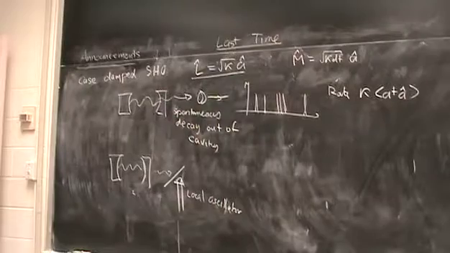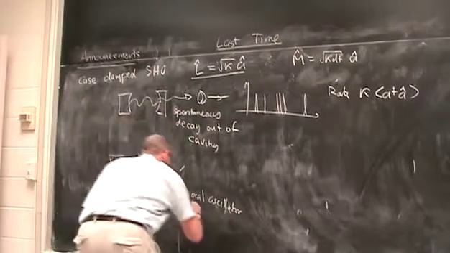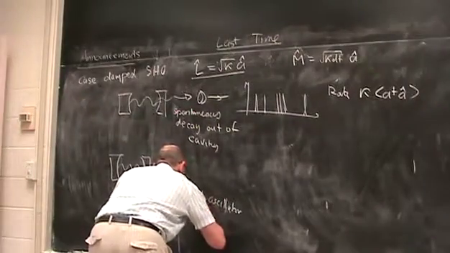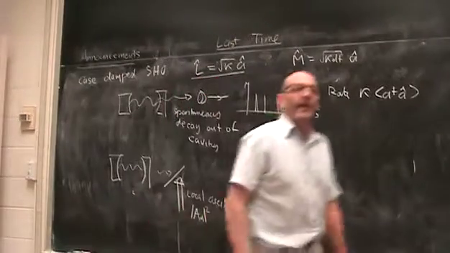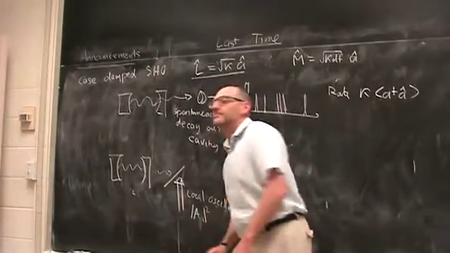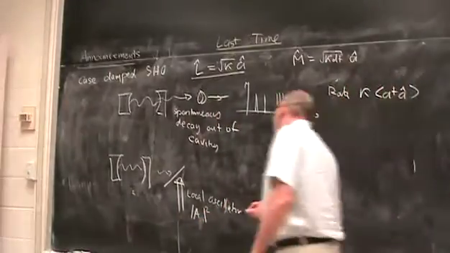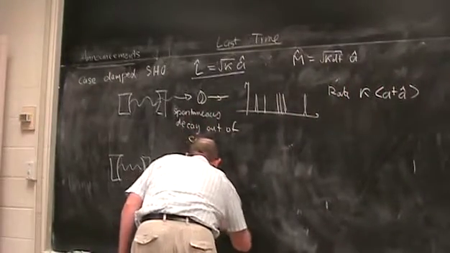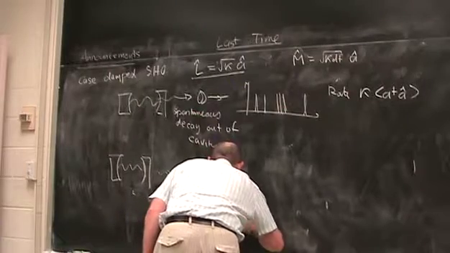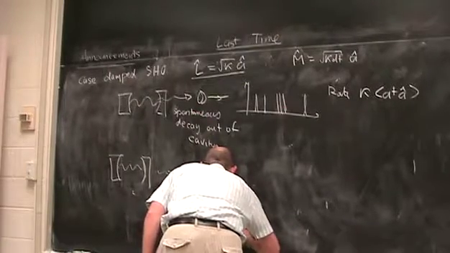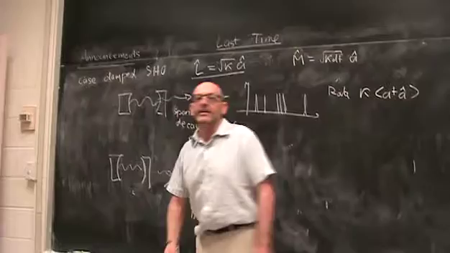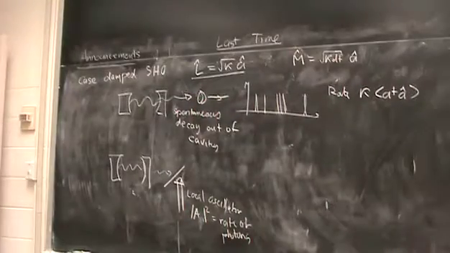And that local oscillator has some intensity. I'll call it A squared, forget about mu. So this is the local oscillator's rate of photons that are being shined upon that beam splitter.